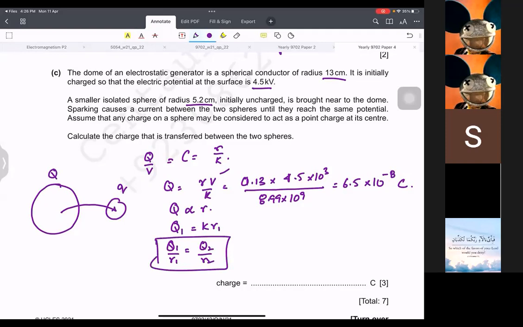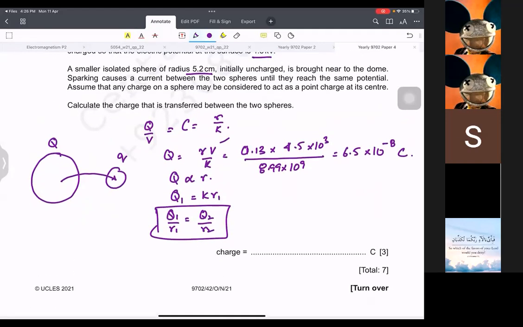Now think about it this way. At one point, when their voltage is going to be the same, then this side will gain charge q, and this side will have a new charge, which is basically the one that is subtracted from here, like this. Do you guys understand what I'm saying?